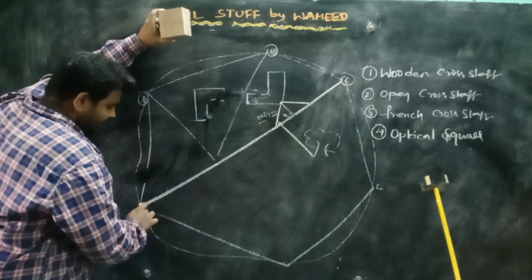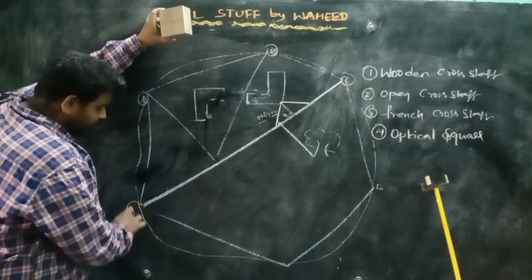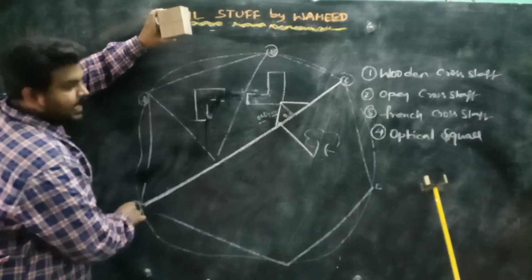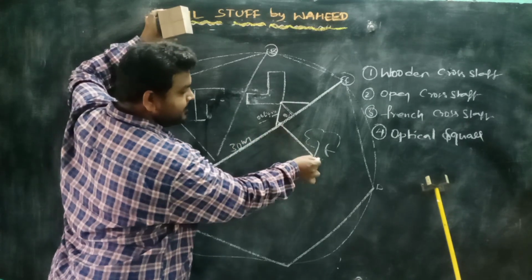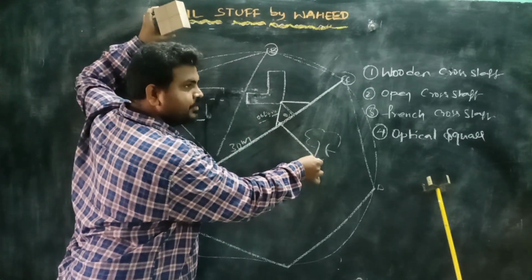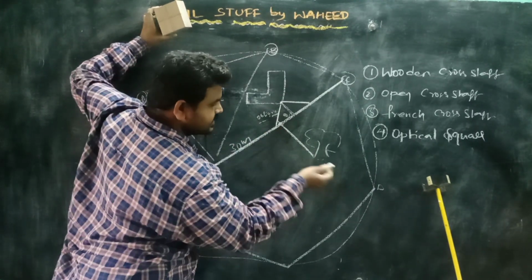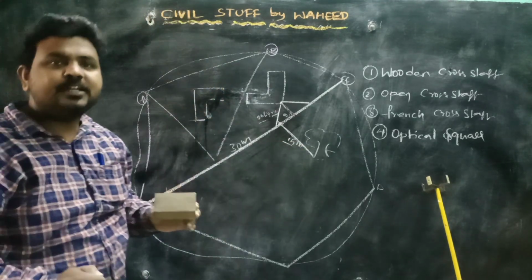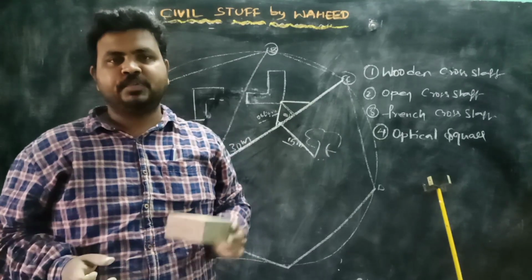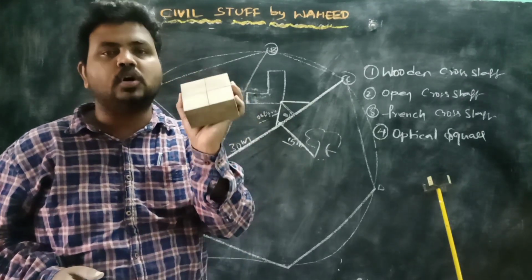So I will calculate from station A at a distance of 30 meters there is an object, say a tree, towards its right side at 15 meters. Like that I can develop a map. So this is the wooden crosstalk.